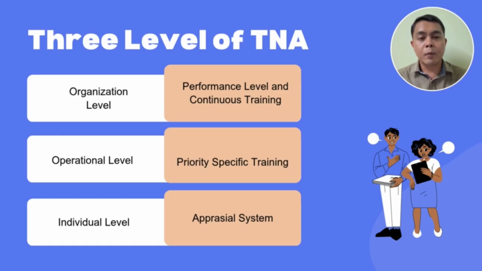For the second point, the operational level is identified and analyzed to prioritize the needs of the group for training, to avoid waste of resources such as budget, energy, and time.